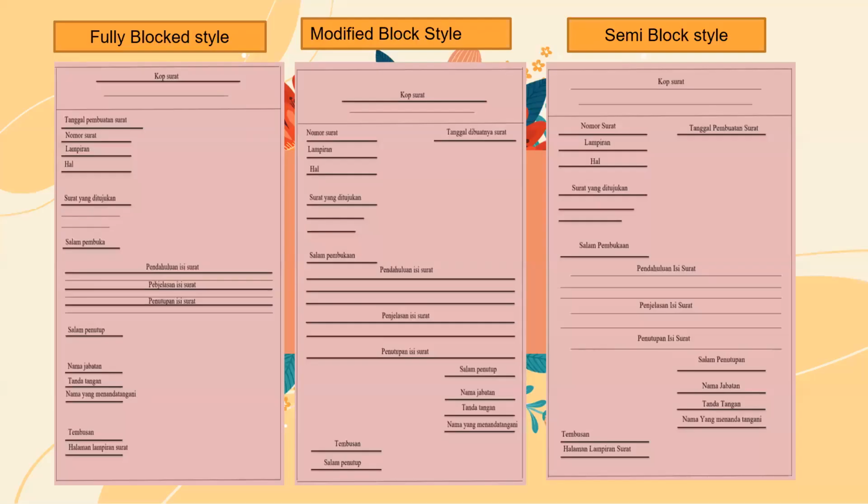Talking about letter layout, you should be familiar with block style. What is block style? How does it look like? The key term that you should remember in this kind of layout is that there is no indentation for the first sentence of each paragraph.